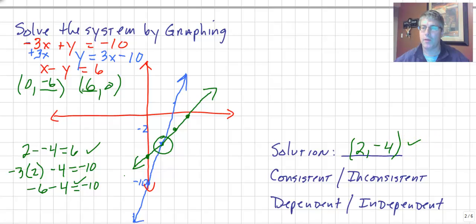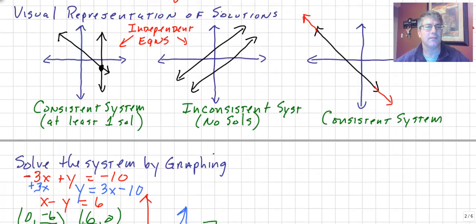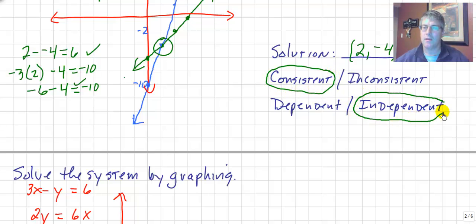So yes, that ordered pair checks out. It does satisfy those systems both graphically and algebraically, and since the lines intersect, we've got a consistent system with independent equations. So our system is consistent and independent.